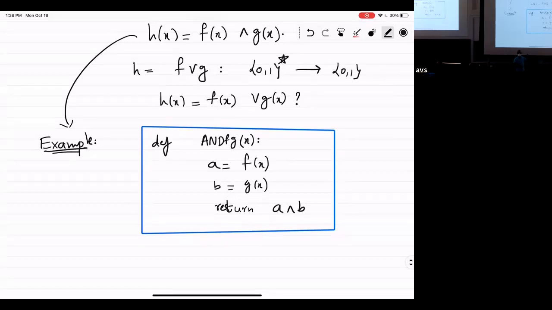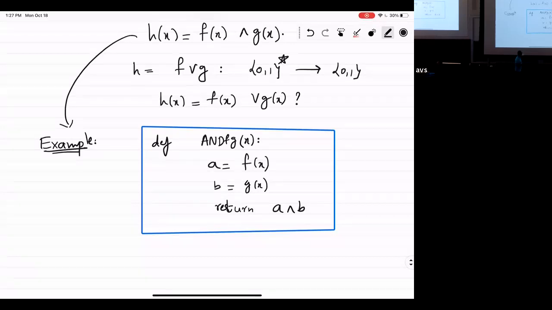But is this code a DFA? Can I convert it to a DFA? No. Why not? Yes, it's not a single pass algorithm. I'm reading the input once to compute f, but then I'm going back and reading it again to compute g, and that is not allowed.